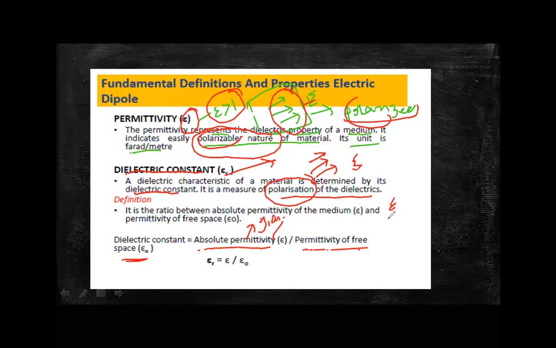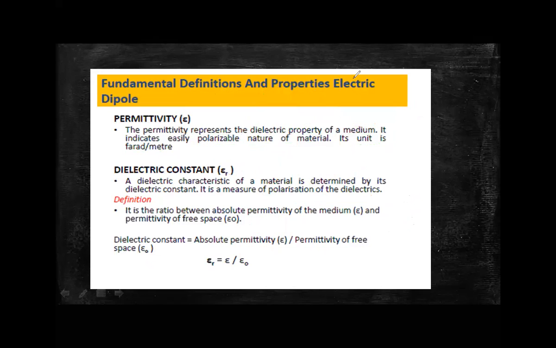Whatever the epsilon for the material to the free space, that is called dielectric constant. Dielectric constant is a ratio of the permittivity of the medium to the permittivity of the free space. All these constants are related to the polarization concept.